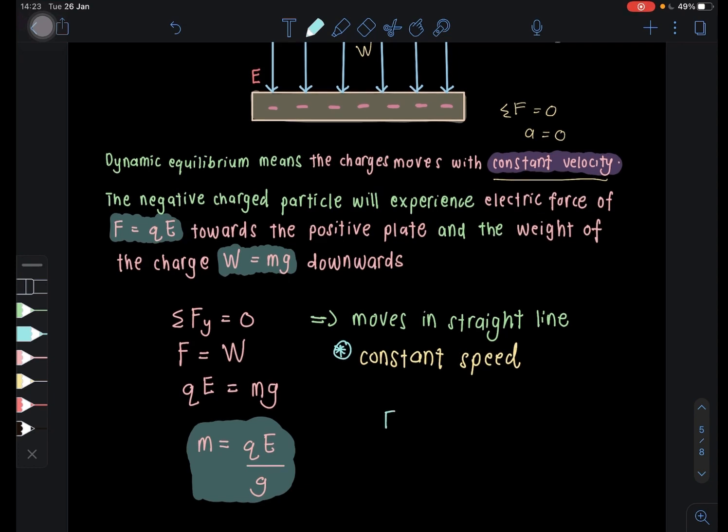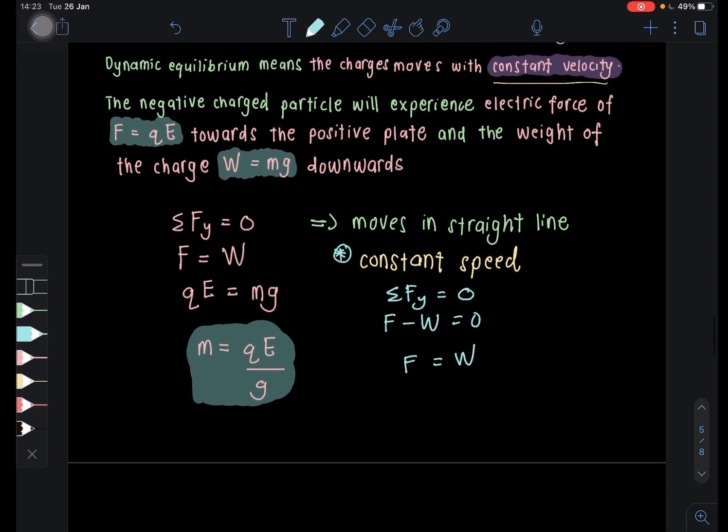Sorry, F minus W equals 0. This is the sum of the y components, which is equal to 0. So F is equal to W, where F is equal to QE and W is equal to mg.